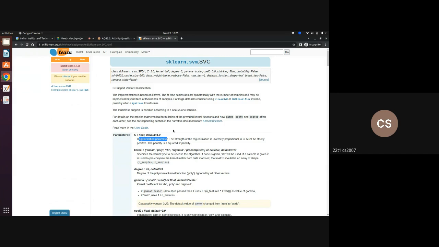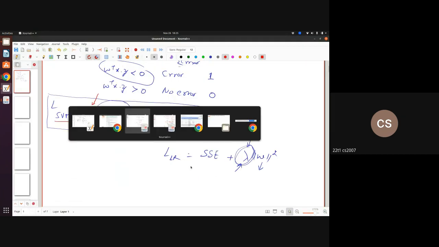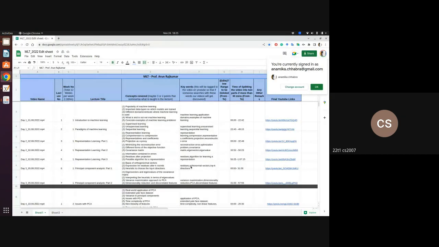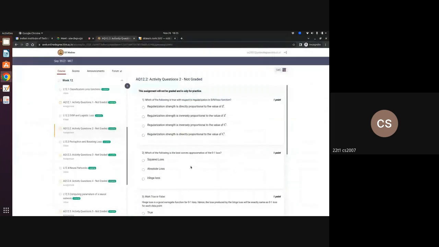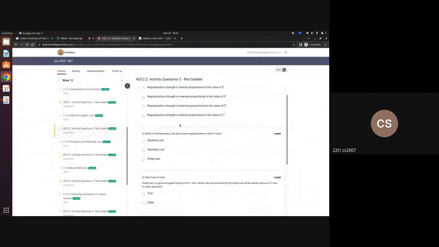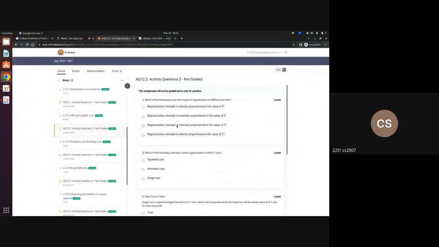Here it is C, and the strength of regularization is inversely proportional to C. That's the point I was trying to make. So the correct option will be that regularization strength is inversely proportional to the value of C.